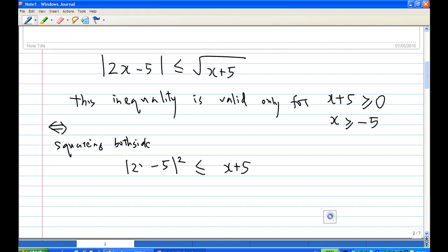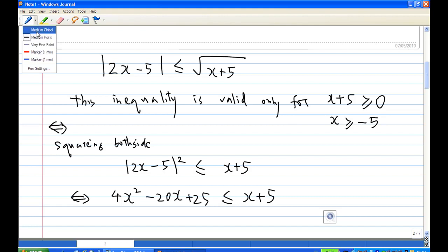And then the absolute value of 2x minus 5, squared, is the same as 2x minus 5 squared, which is 4x squared minus 20x plus 25. This is because we know that the absolute value of 2x minus 5 squared is the same as 2x minus 5 squared.